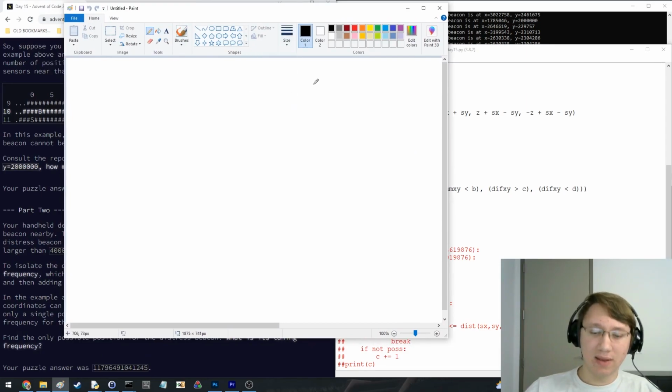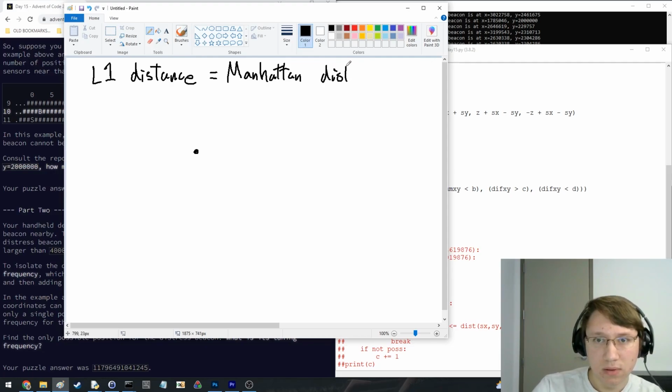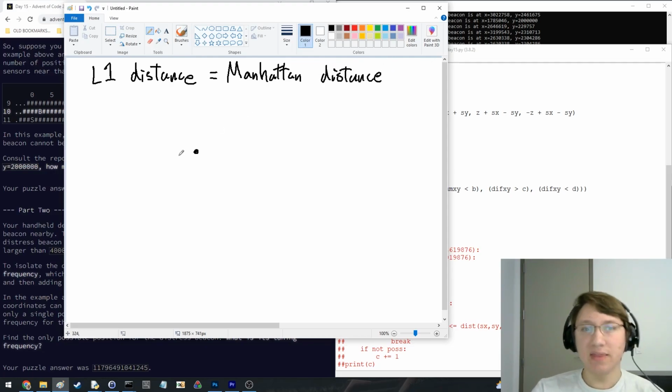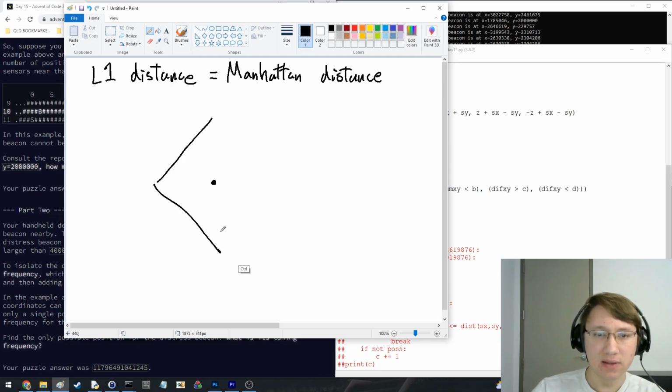Basically, whenever you care about L1 distance, which is the same thing as Manhattan distance, it helps to think about it geometrically. The L1 ball, the set of points less than some L1 distance away from another point, is always going to look like a diamond in 2 dimensions.